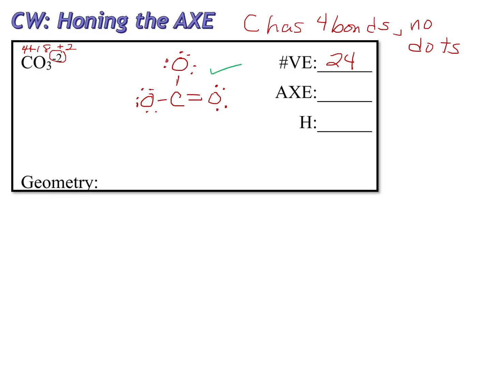Now we want to do the AXₙ notation. So we have AX3, and we look that up, and I'm going to use some abbreviations. So the geometry is trigonal planar.